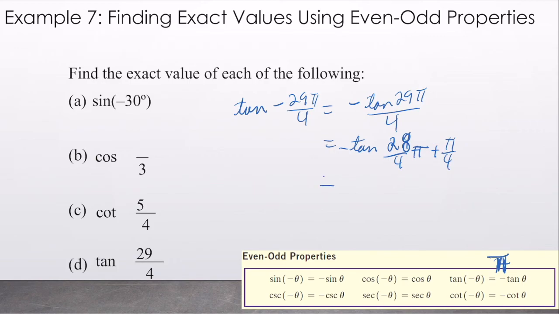So that's equivalent to negative tan of pi over 4. Pi over 4 is 45 degrees. That means negative square root of 2 over 2 over the square root of 2 over 2, because tangent is y over x. So I also get an answer of negative 1.